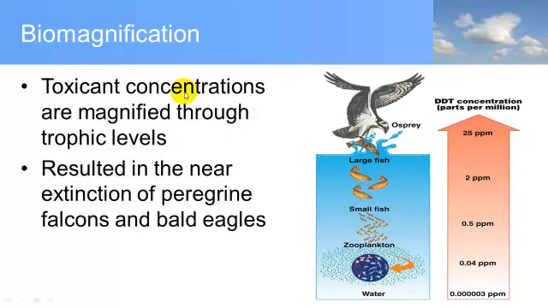Another thing that happens is a process known as biomagnification, where the concentration of the toxic chemical can move up into higher and higher dosages. This is often the result of that rule of 10% that we talked about in earlier chapters. If you remember from previous chapters, only 10% of the biomass moves up each feeding level.